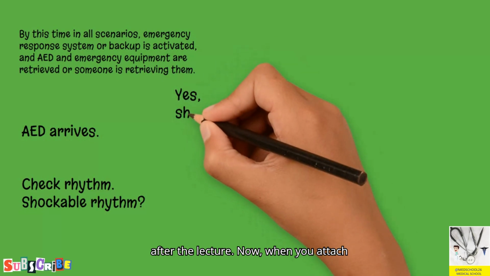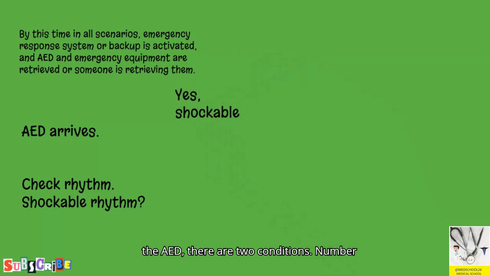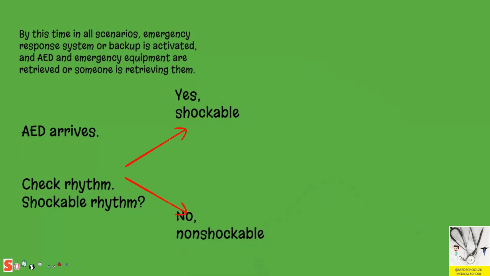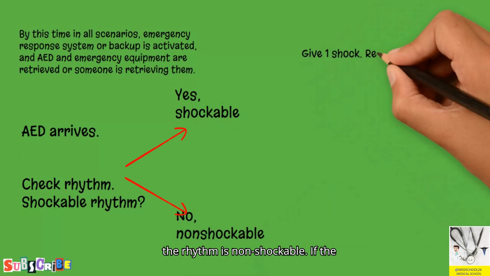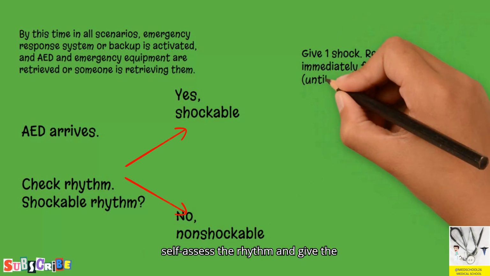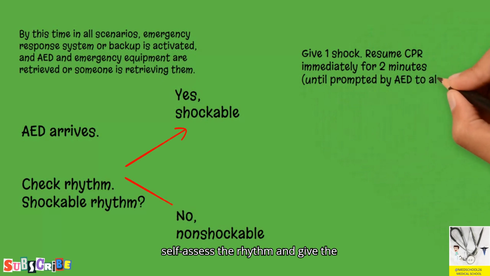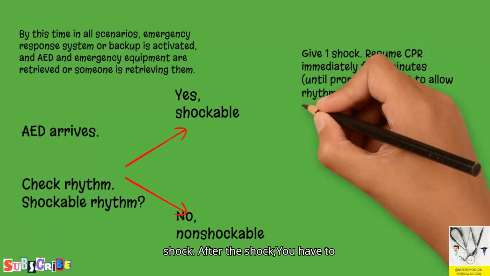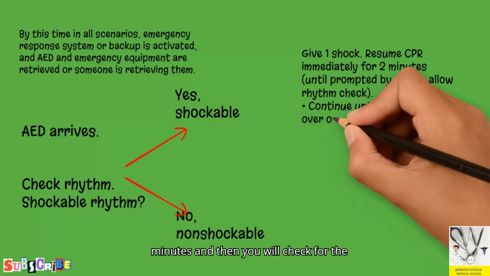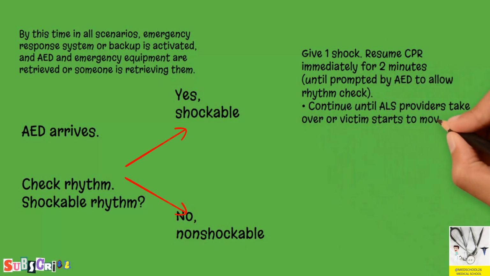Now, when you attach the AED, there are two conditions. Number one is the rhythm is shockable or the rhythm is non-shockable. If the rhythm is shockable, the AED machine will self-assess the rhythm and give the shock. After the shock, you have to continue the chest compression for 2 minutes and then you will check for the rhythm again.